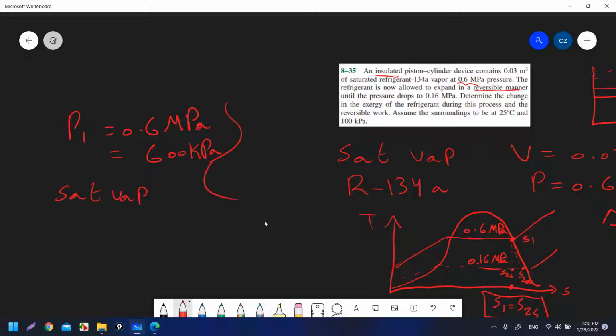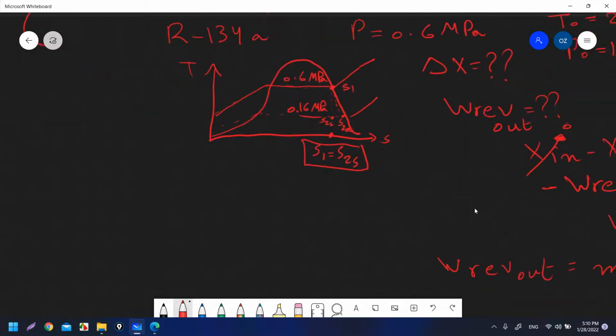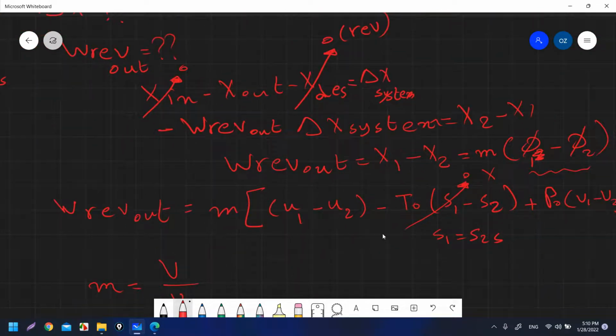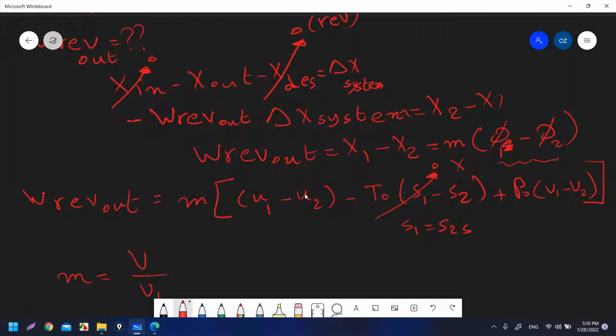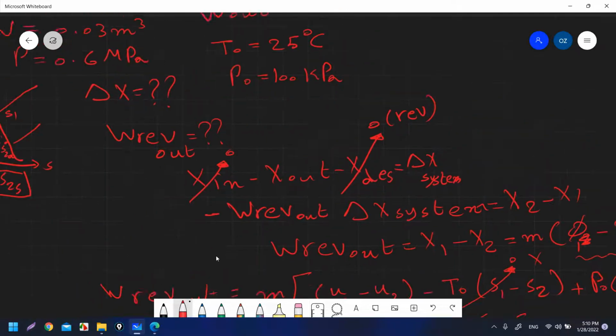I want to find V1 and U1. Also, do I need S1? Maybe I need it, because when we want to find U2 and V2, we don't have another property to calculate U2 and V2.